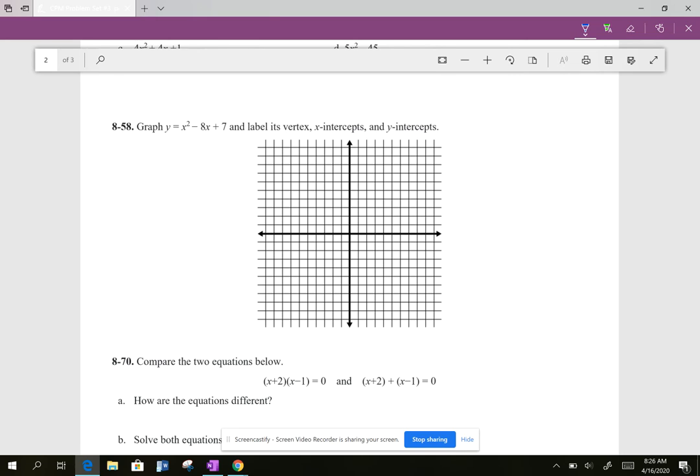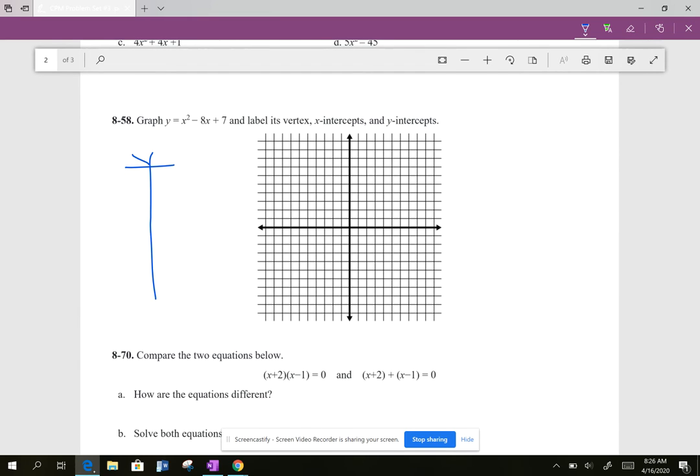Graph y equals x squared minus 8x plus 7 and label its vertex, x-intercepts, and y-intercepts. I'm pretty sure you had this on the last CPM set. Let's make a table. Let's go 0 through 8. Wow, I can count. Plug in each of these x values into the equation to figure out what the y values are.